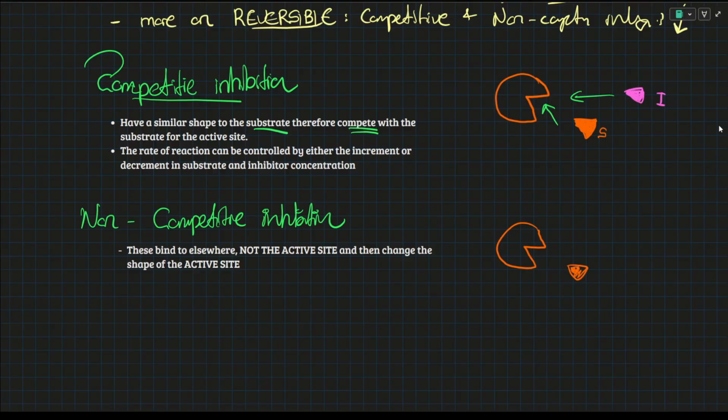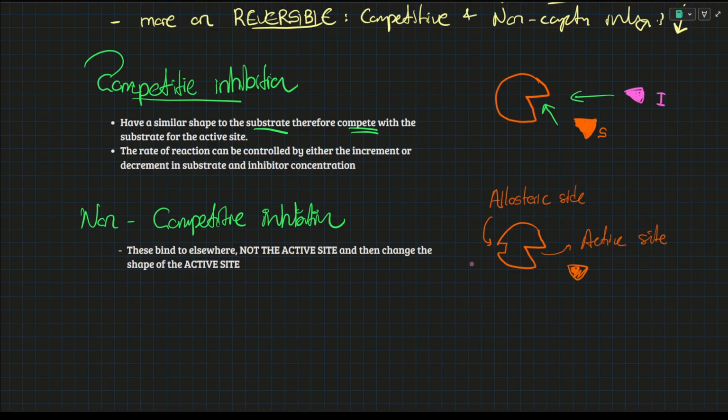But in this enzyme, not just this enzyme, in any enzyme, we have another site. This is known as the allosteric site. Just for clarification, this is the active site. That is the allosteric site.